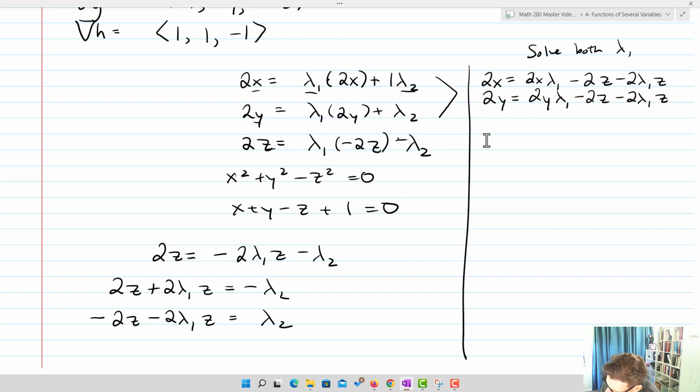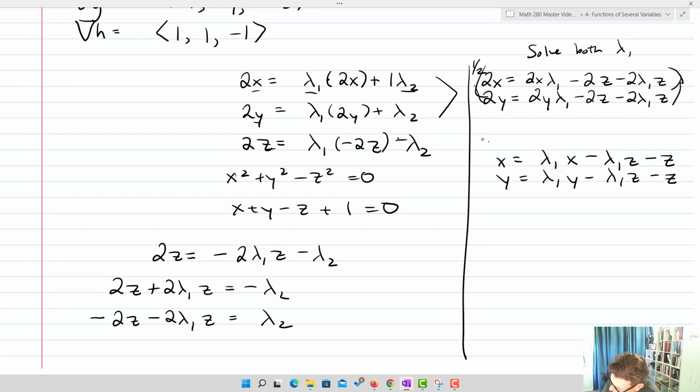So we'll divide through by 2, or multiply by 1/2, for both. We get that x equals lambda 1 x minus lambda 1 z minus z, and y equals lambda 1 y minus z minus lambda 1 z minus z.